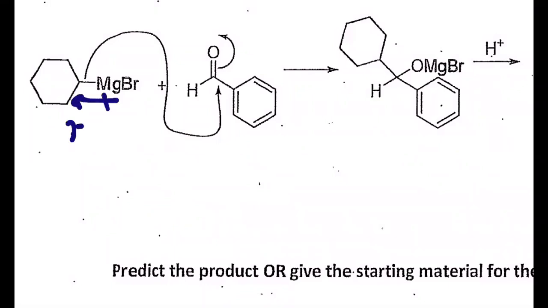Carbon is partially negative, and magnesium is partially positive. And so that's why when you see the arrows coming from the Grignard towards the electrophile that it's attacking, the arrow is always going from the Grignard towards the electrophile.